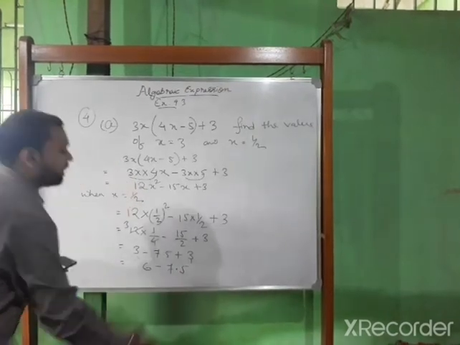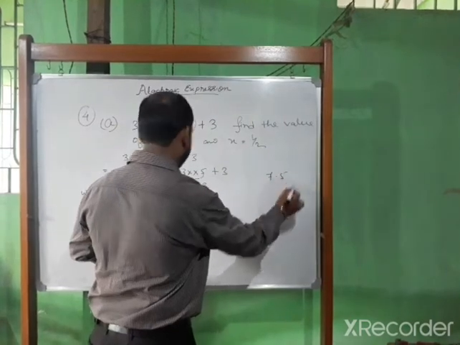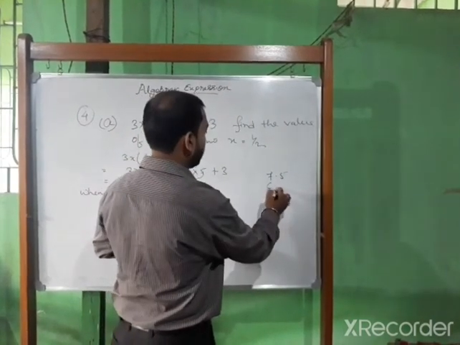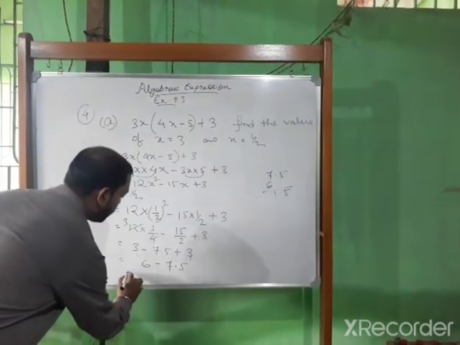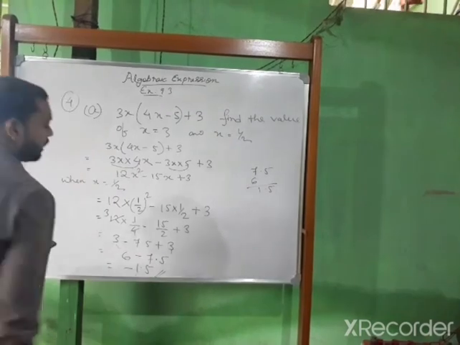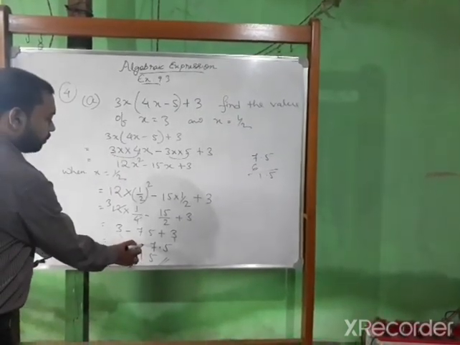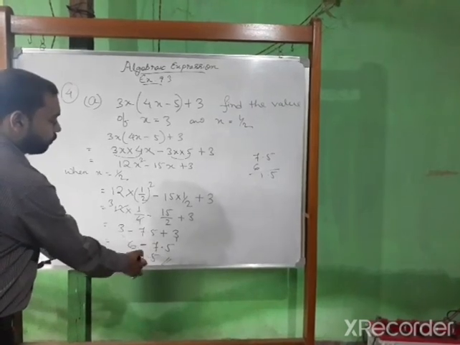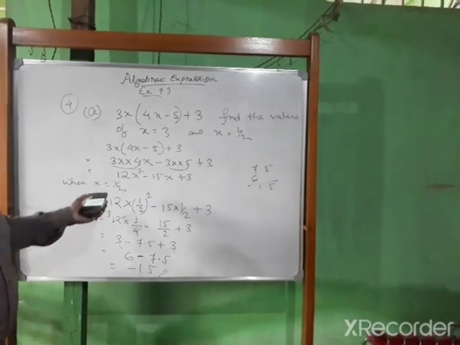Now plus and minus, we have to do minus. From 7.5, if you subtract 6, the result will be 1.5. But we have to write minus 1.5, since 7.5 is greater than 6 and the minus sign is with 7.5. So this is the result when x is equal to half.